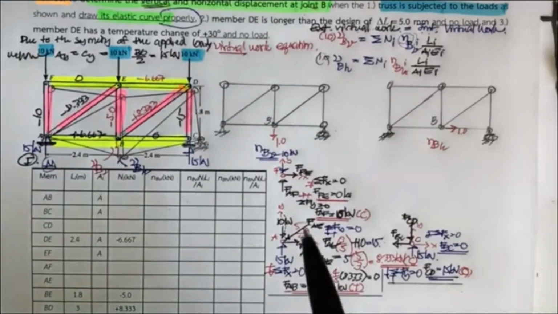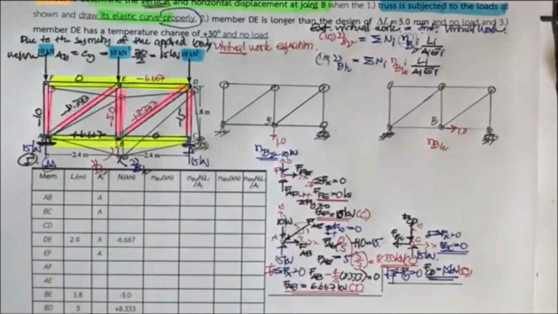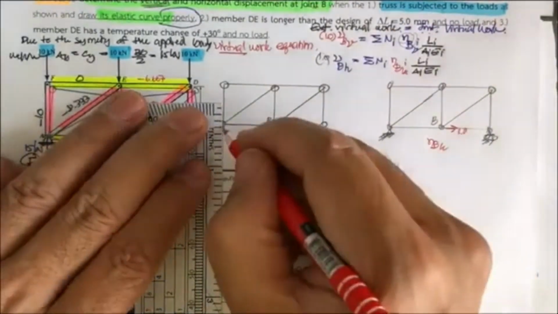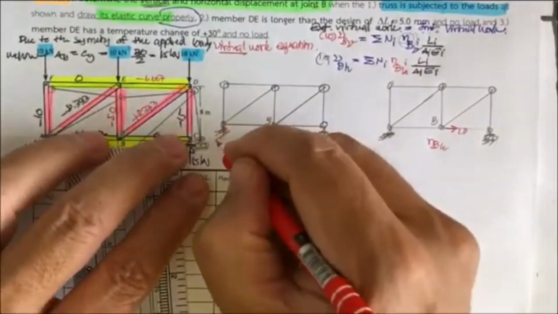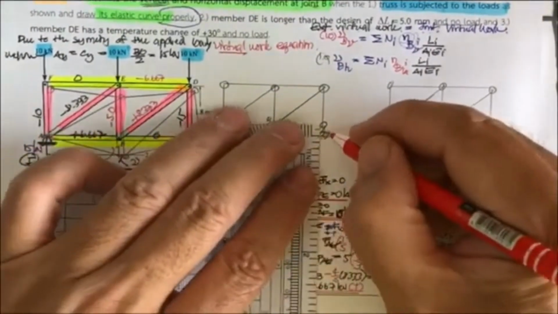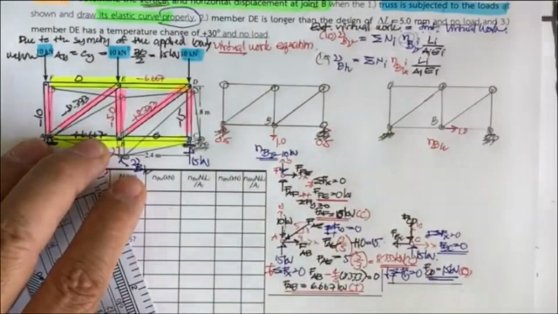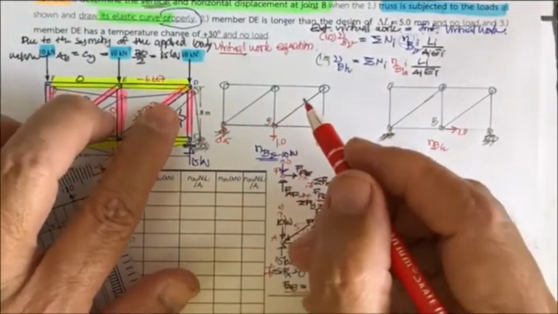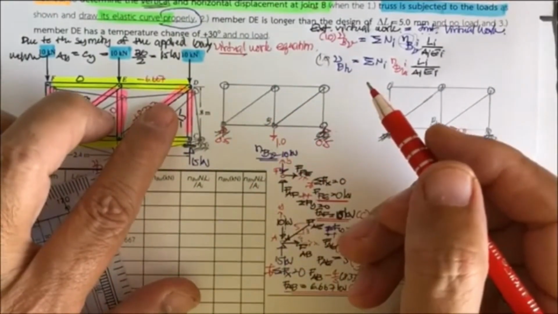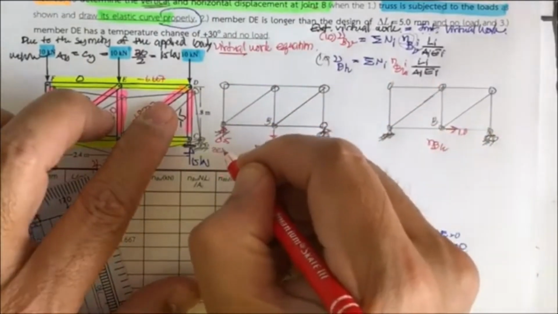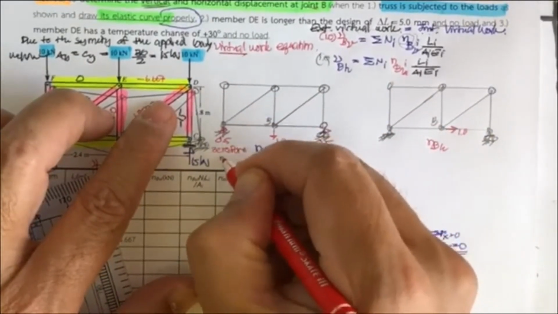Now we're going to determine N sub BV. Okay, and then you may use the same thing due to the symmetry of the force. So we will have the reaction here of 0.5 and the reaction here of 0.5. And you may also use the concept of zero force member.